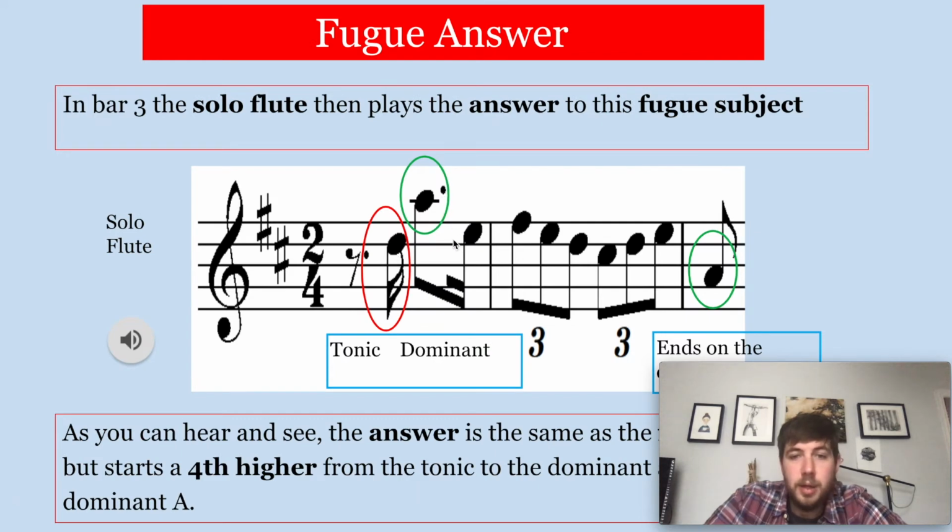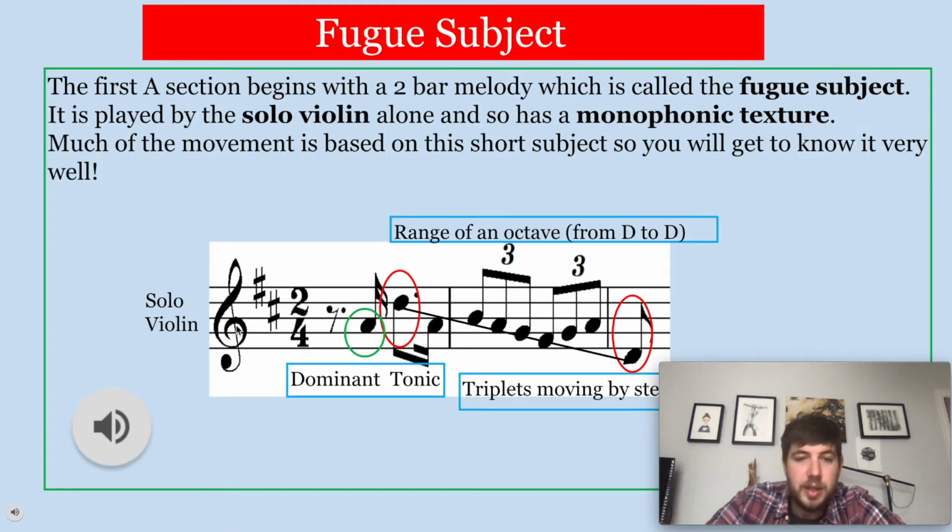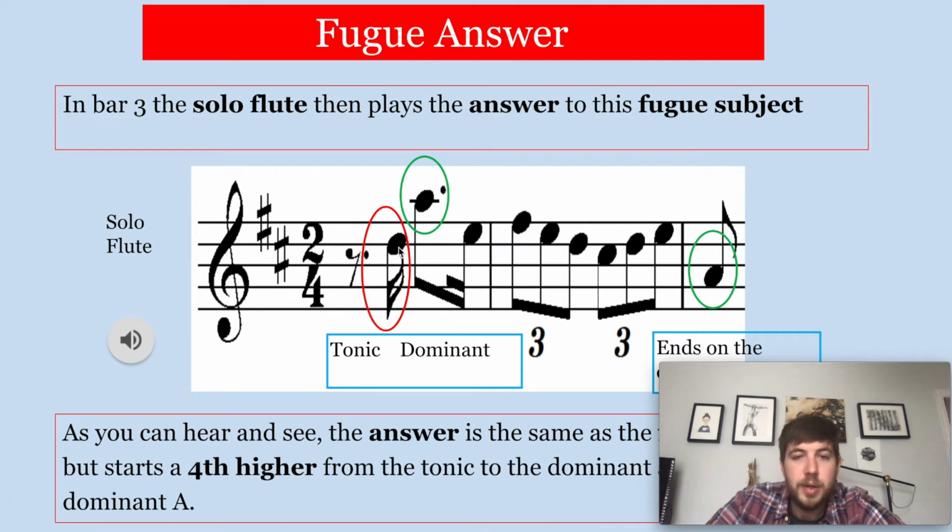The rhythms are exactly the same, but we start a 4th higher. So this one here starts on an A. Here we start on a D, and every note tends to be a 4th higher, apart from the last note, where if it was a 4th higher, we'd be finishing on a G. We actually end on the dominant, which is an A.